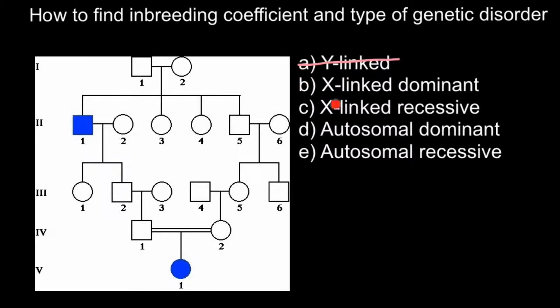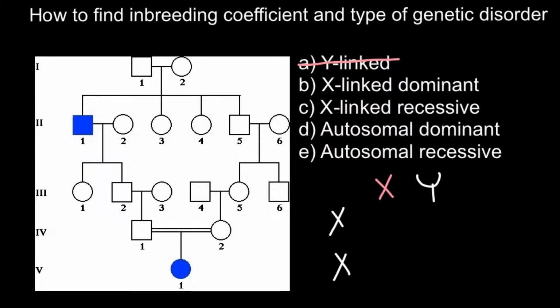Let's now consider answer B, X-linked dominant. In this scenario, our male has to be affected, so that means that his X chromosome has to be defective and the Y chromosome has to be normal, and the female would be phenotypically and genotypically normal.